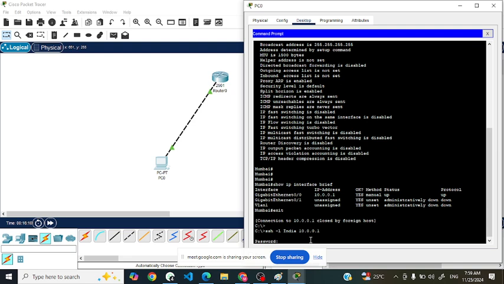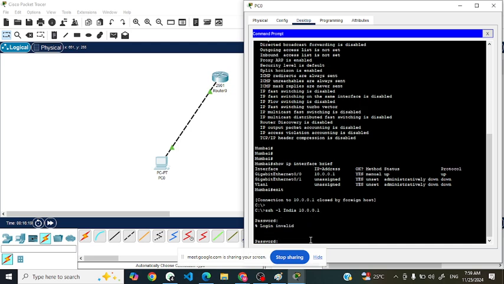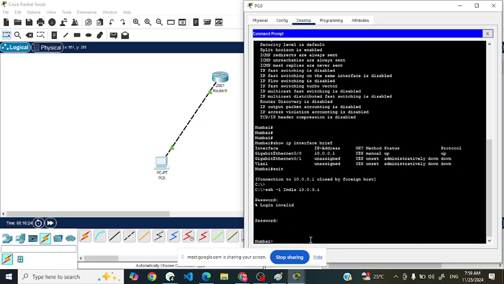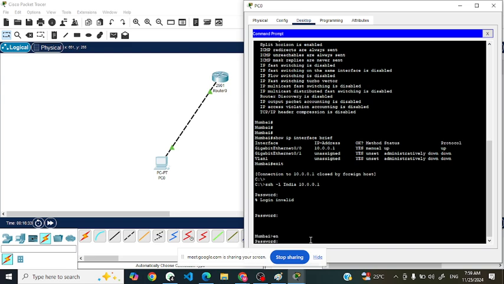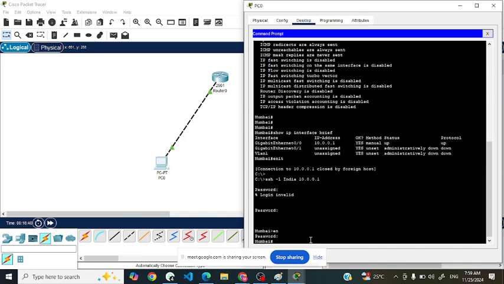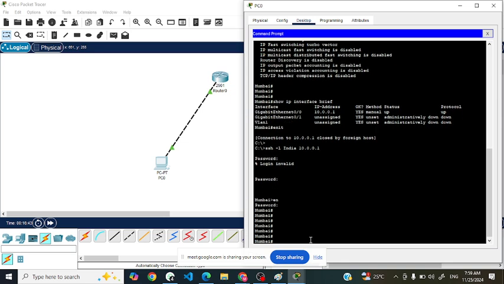What was the password? Delhi. In Delhi, D was in caps. What was the password? Cisco. Now you are able to take SSH access.